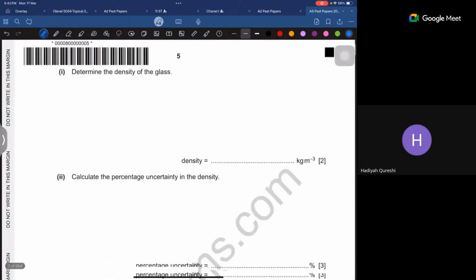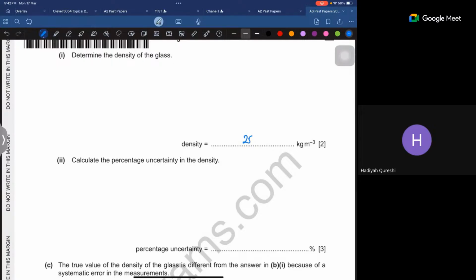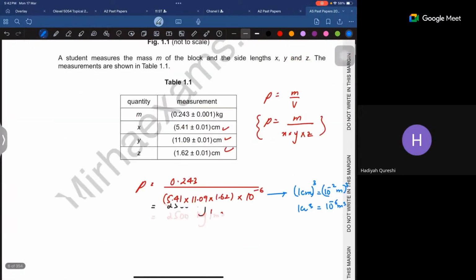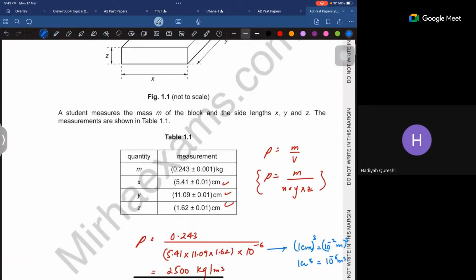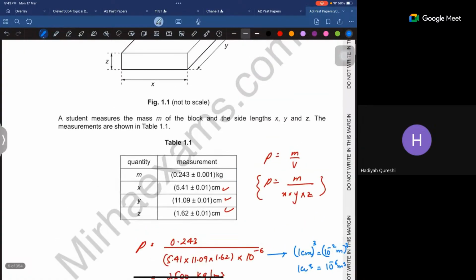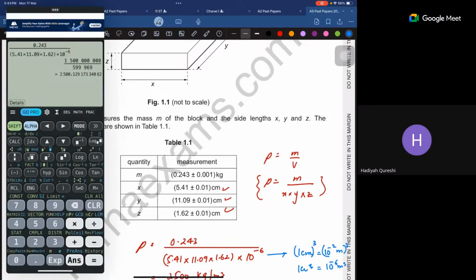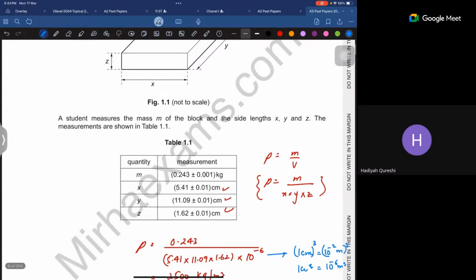And please remember the answers must be to the correct significant figures. Every value that we took was actually 3 significant figures, so 2500 is fine. We're going to keep taking 3 significant figures.